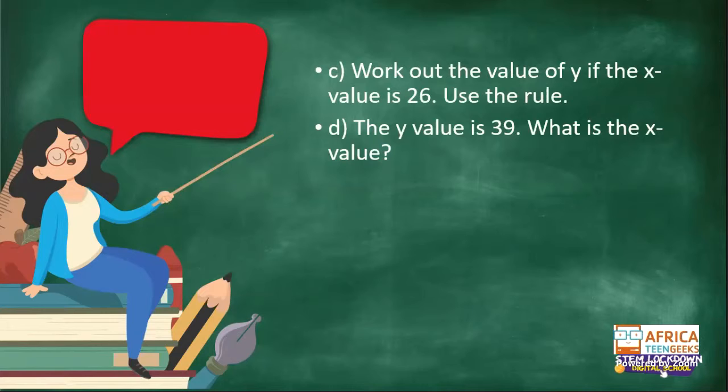Before you answer this question C, because we just answered A and B, please put your rule in the form of an equation with x and y as variables. So in other words, y will be equal to, so it's clear that the rule will be y is equal to 2x plus 5. That is what the rule will be in as far as this work is concerned.